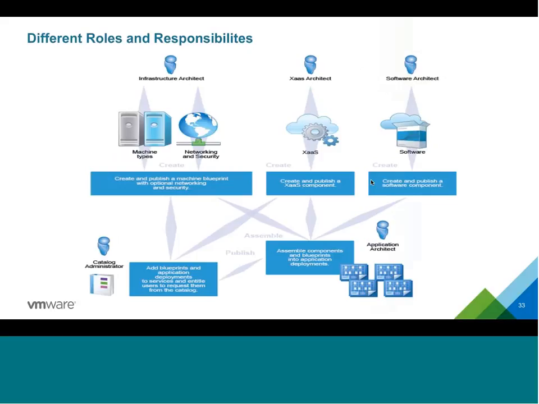The app architect builds and publishes SaaS components. The software architect will build the software components, and the application architect will assemble components from the different software components published by the software architect, or SaaS components or other blueprints, and tie it all together. The catalog administrator will consume all those catalog items published from the blueprint area, build a catalog item, and do the entitlement portion.